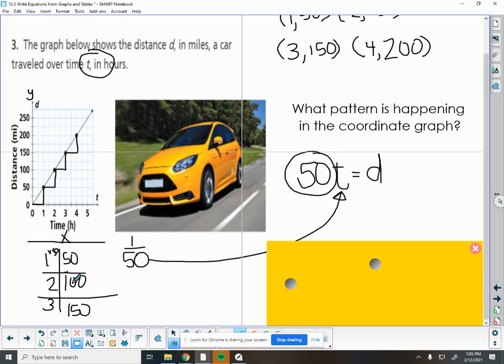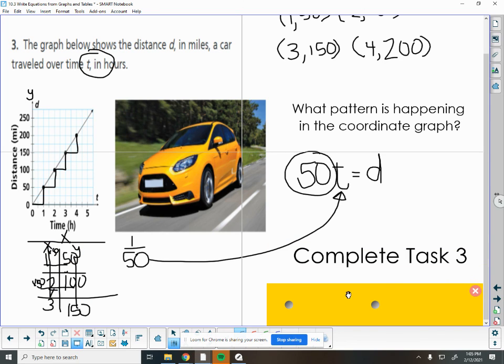How did I get from 2 to 100? Multiply by 50. So every time, what am I doing? Multiplying the x, in this case the t for time, by 50 equals the y, in this case d for distance. So this constant comes from this pattern. What are you doing to get from x to y? So go ahead and complete task 3.